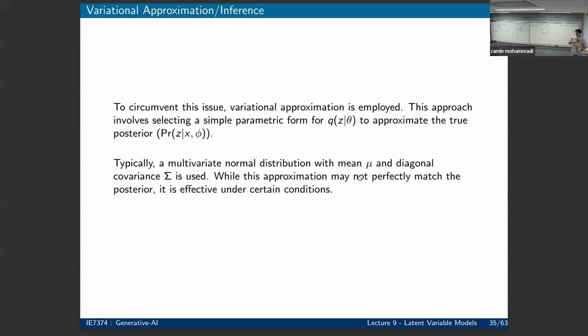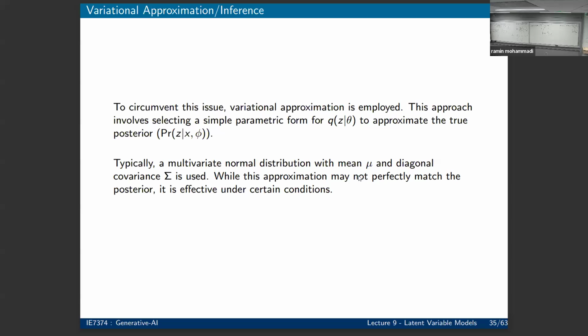Now, one of your friends asked me, how do we decide Q? The idea is to pick Q from something that's easy to sample from. That technique is called variational approximation, or variational inference: we pick Q to be some simple parametric distribution that we can sample from.